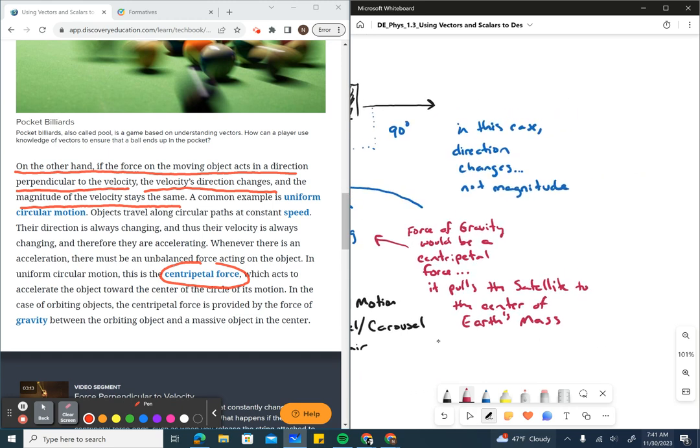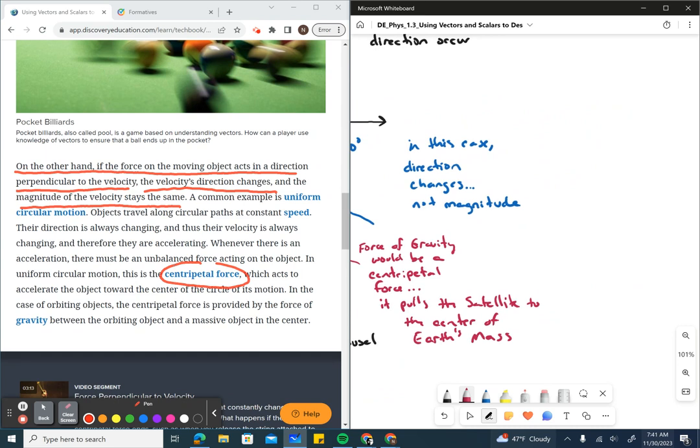So if I were to kind of come over here, I could draw my planet, and I could draw my satellite going around and around and around. It would be going at the same constant speed, but it would be constantly wanting to be pulled in towards the middle, right?